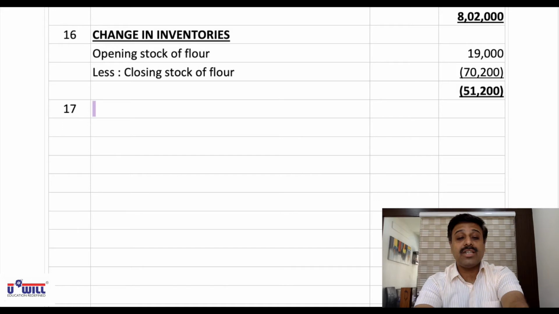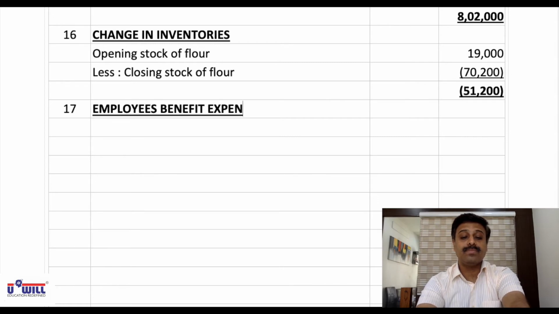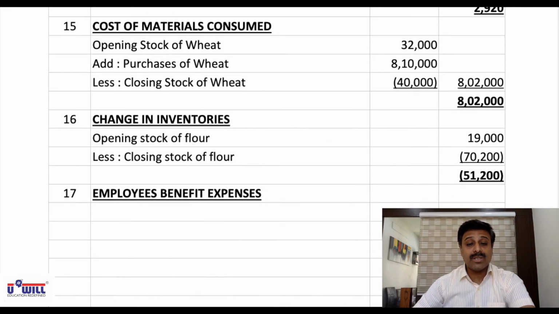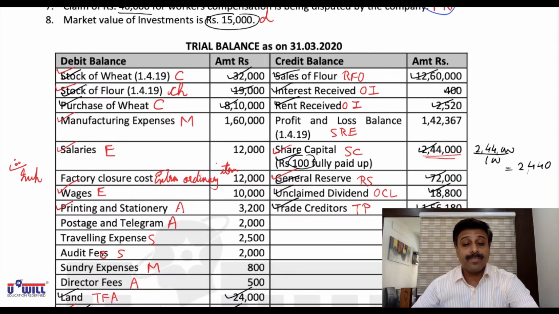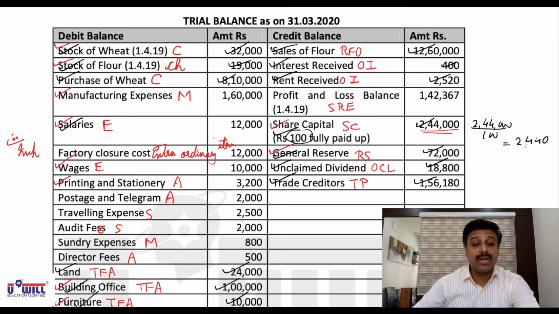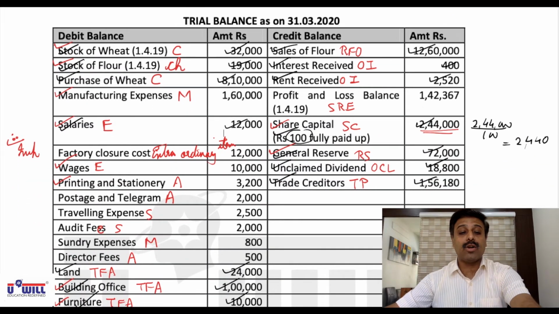Then after change in inventories, we will have employee benefit expenses. E-marked items. So in employee benefit expenses, we have salaries, and there is a tick on that. So 12,000 will come in inner column.